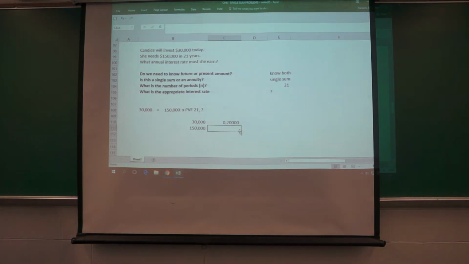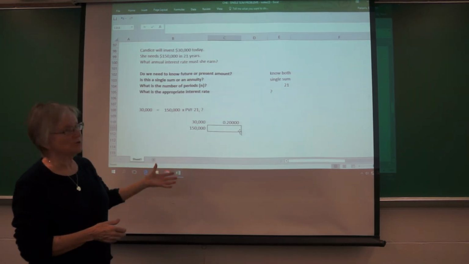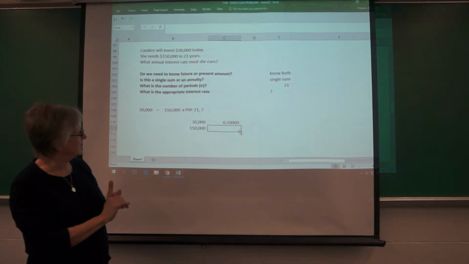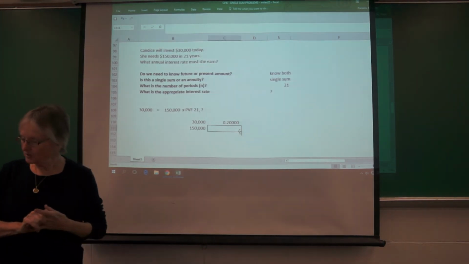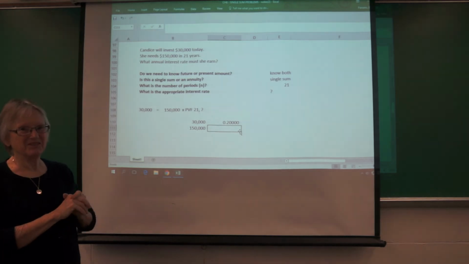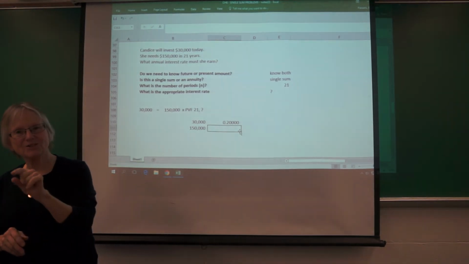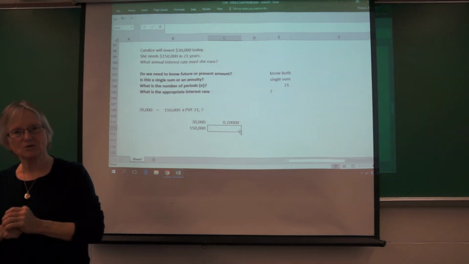So now, since we're using the present value, you're going to go to the present value single sum table, and you're going to go to 21 years on that table. So you'll go down to 21, and then you go across until you get the factor closest to 0.2.